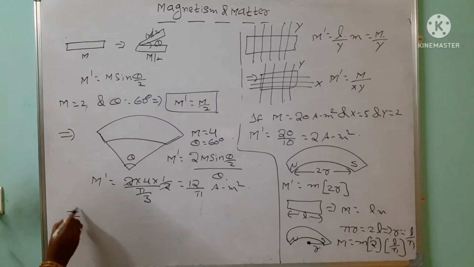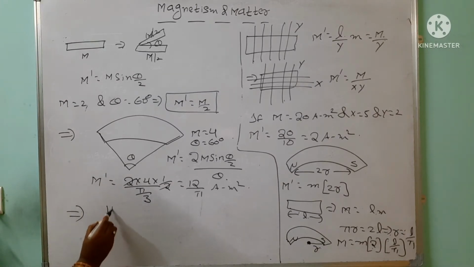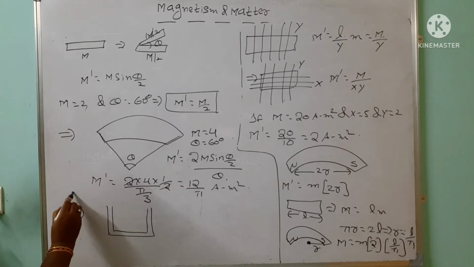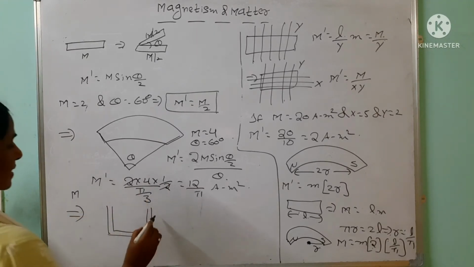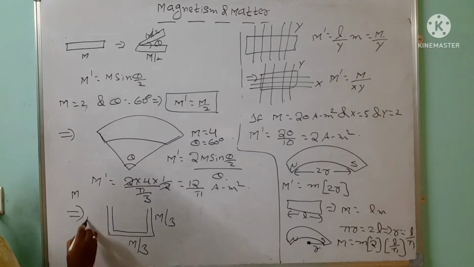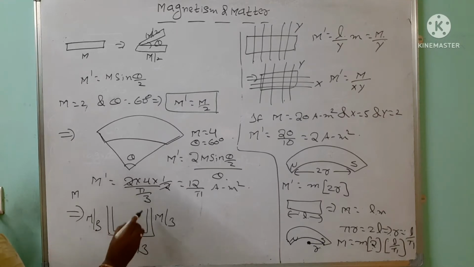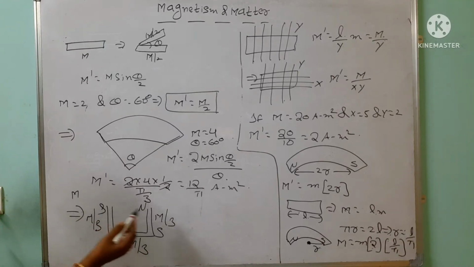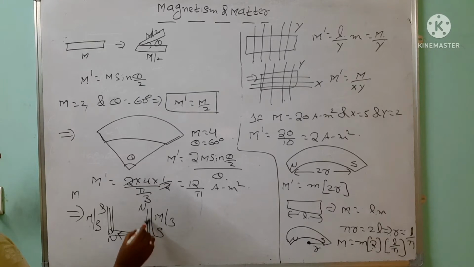Then we are going to discuss, look here, one magnet that we can bend into a U shape. The initial magnetic moment is M. Now each side, there are 3 parts, M by 3, M by 3, M by 3. Suppose this is the north and south pole, like that. So what is the direction of the magnetic moment? How to find the resultant magnetic moment? This is south to north, and this is south to north, and here south to north.